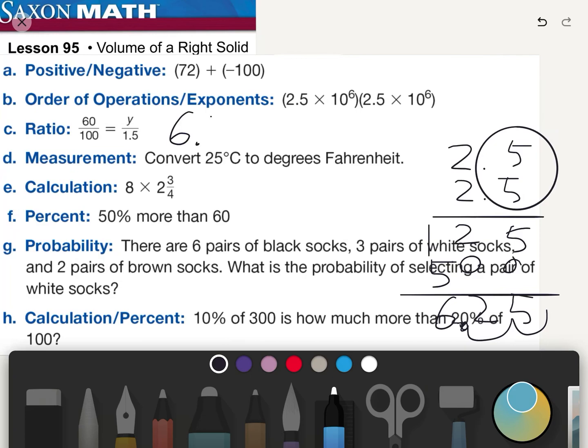Gets us to 6 25/100 times 10 to the power of, since we're multiplying similar exponents, just 6 plus 6 equals 12. Gets us 6 25/100 times 10 to the power of 12.